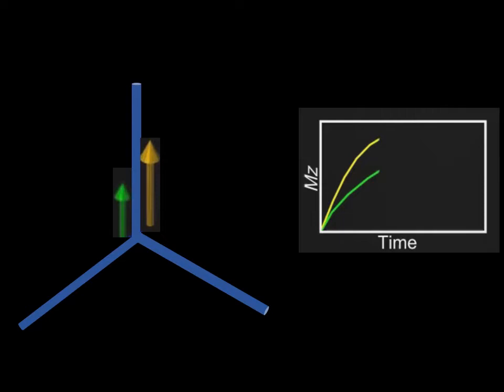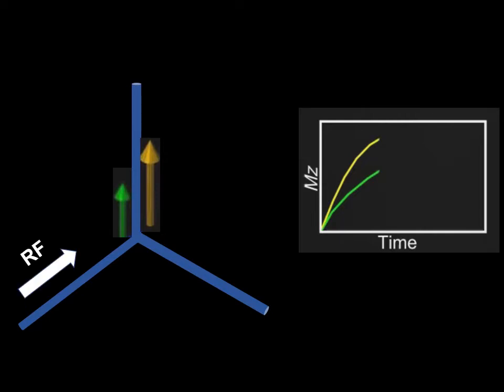So if we look at their remagnetization along the z-axis prior to their full recovery, the yellow magnetization vector will have greater magnitude than the green magnetization vector, as is shown in the graph on the right-hand side, which is a graph of magnetization along the z-axis versus time.